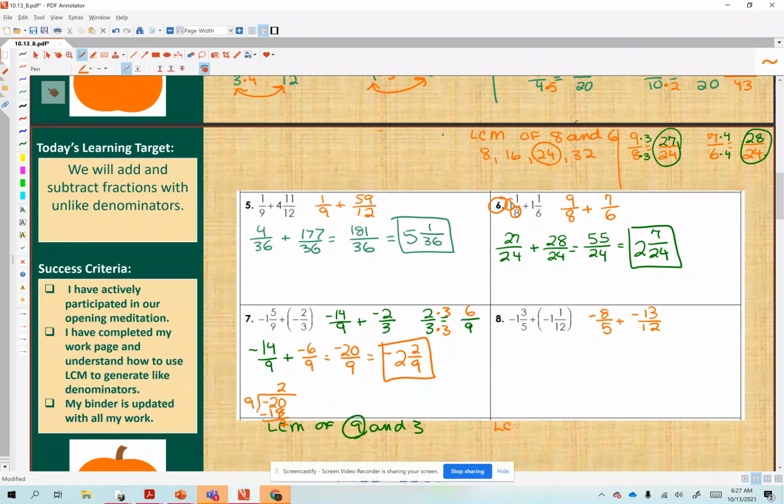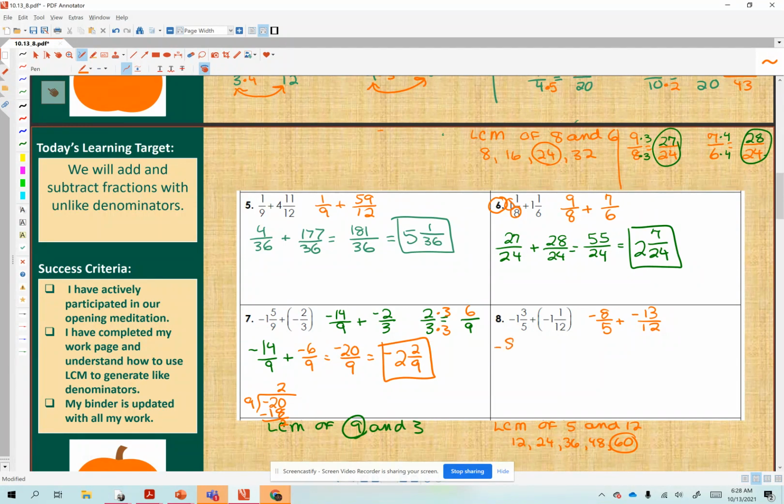Now we need an LCM, a least common multiple, of 5 and 12. Now let's look at the multiples of 12. They are 12, 24, 36, 48, 60. And I know that 60 is also a multiple of 5. So 60 will be my new denominator.